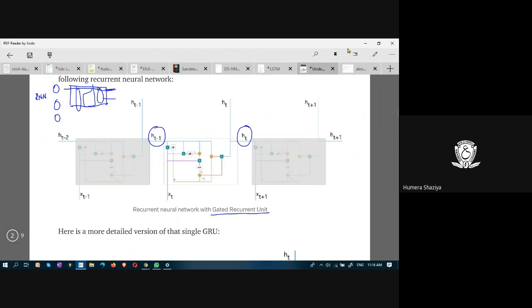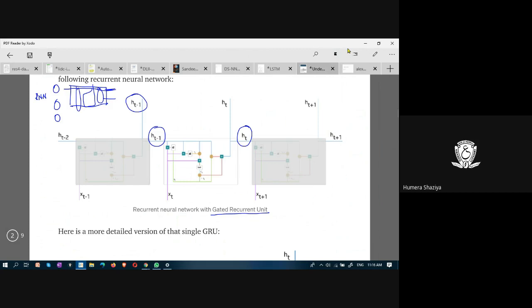This is at time t, x sub t, the input. This x sub t minus 1 is the input at the previous time. x sub t plus 1 is the input at future time.